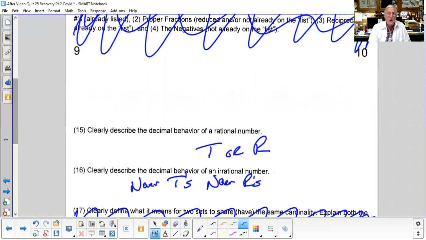It can have numbers all over the place, or it can have patterns in it which grow. The pattern has to grow in order for it to be considered an irrational number. If the pattern didn't grow, it would be like a repeating decimal, and of course that's not the situation.